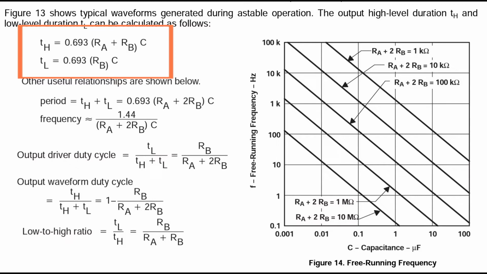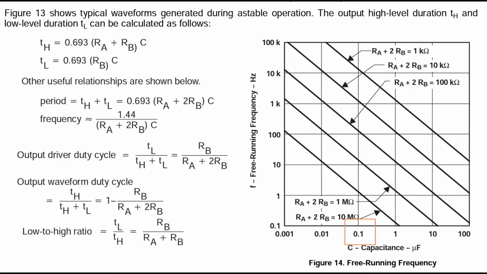And the low time of the pulse signal is also similar, with our 0.7, and then only the B resistor determines in conjunction with C how much the 555 timer is low. So if you want to say it in relation to each other, RA and RB in sum determine how long the signal is high, and RB alone determines how long the signal is low.